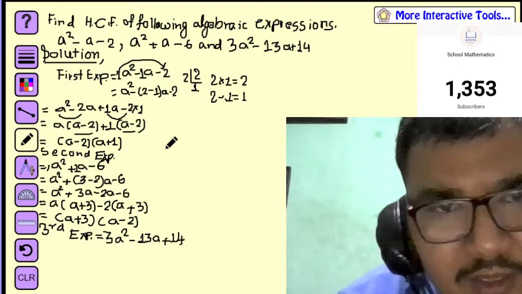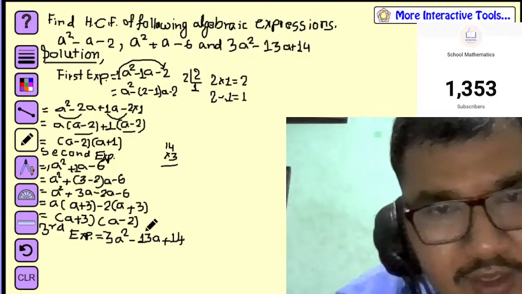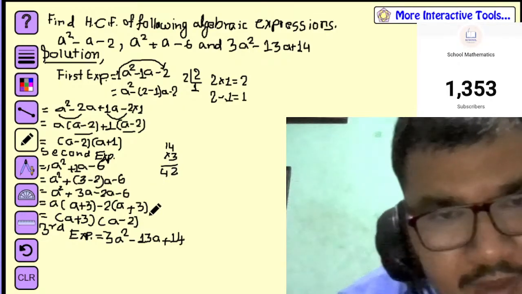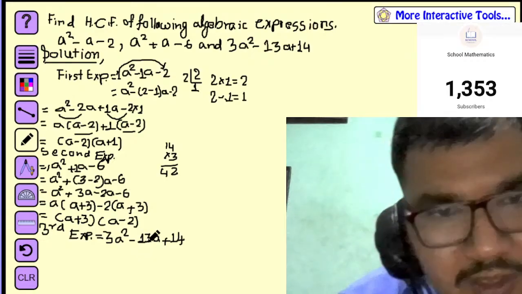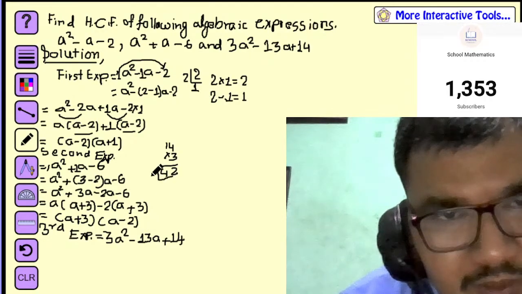And we know this 3 into 14 we have to multiply, then we know 14 multiply with 3, okay, first, because there is given a coefficient more than 1 here. What will be here? 4 times 3 is 12, and 3 times 1 is 3, 3 plus 1 is 4, 42, okay. Multiplication must come 42, and what is there at the middle? Middle one there is 13, that's why the factors are these now.